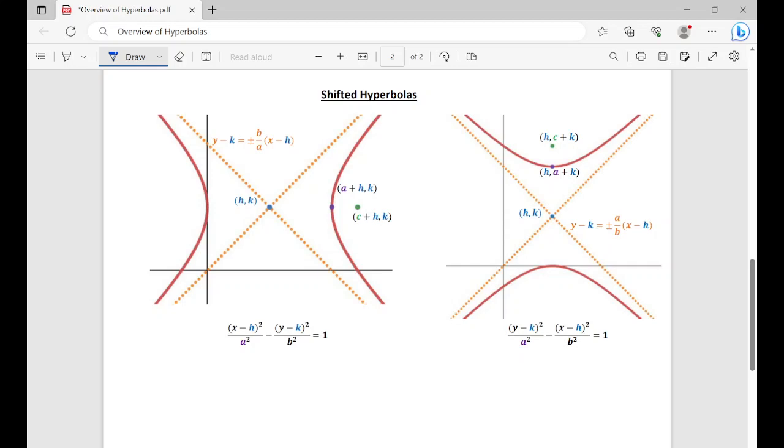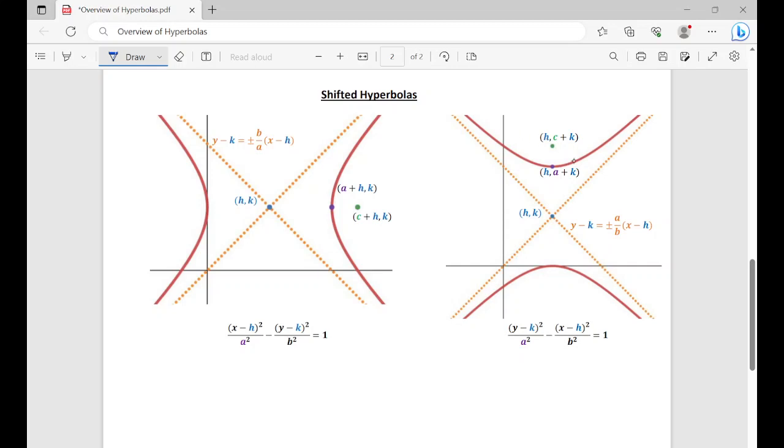For the asymptotes, just a little bit different. Find out what it normally would be centered at the origin, get your b over a, but then you're going to rewrite it in the point slope formula as seen here, and then plug in your h and k respectively to get your two equations for the asymptotes.